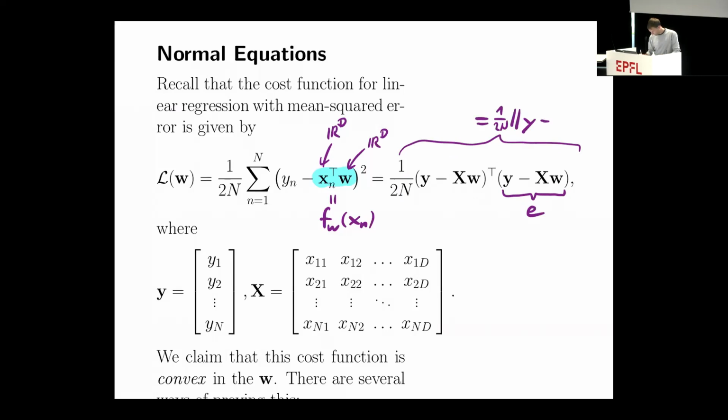So y minus Xw, right, this is the same thing. The two things in the inner product are the same thing as asking what is the squared norm. So nothing has happened here.